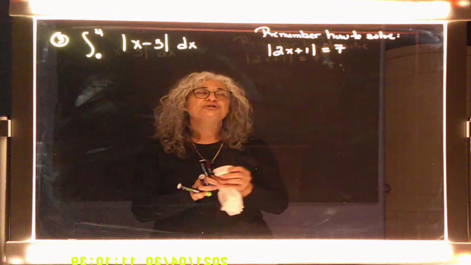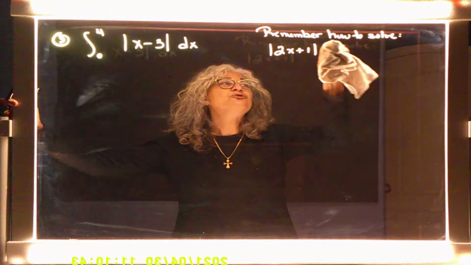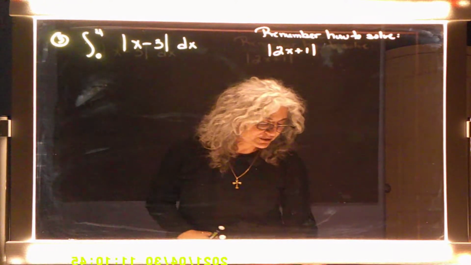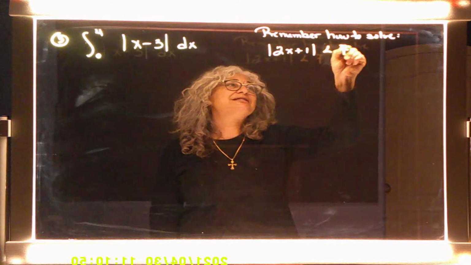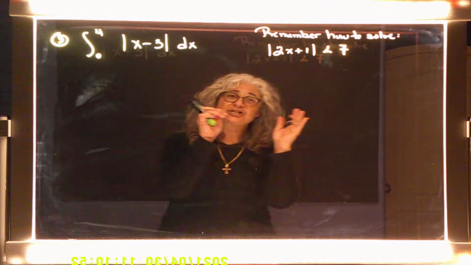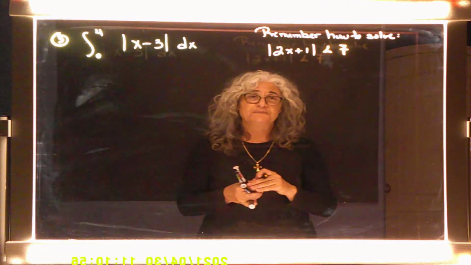Good? So I am asking us to remember how to solve an absolute value inequality, because this will give me an interval to work with, just like the original problem is an interval.